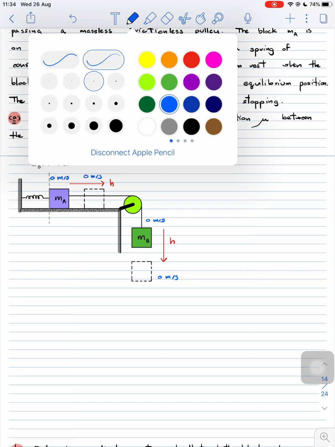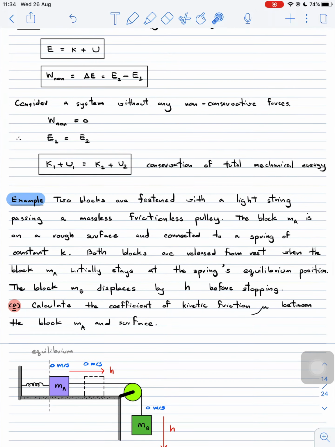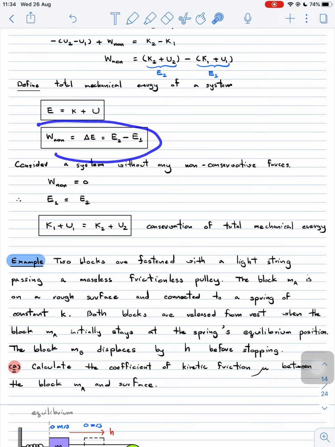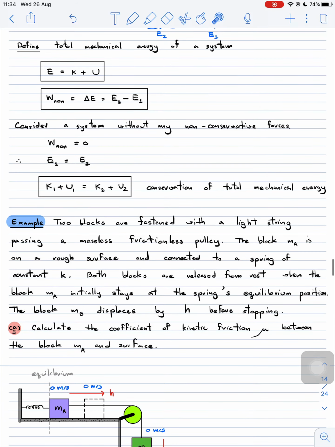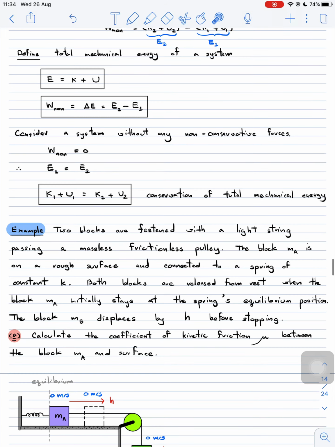So let's use this equation to solve this problem, because in this system we have friction, and friction is a non-conservative force. It means that we're going to have work done by the non-conservative force as well.